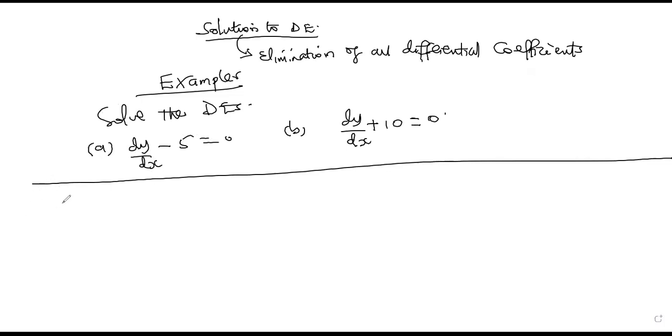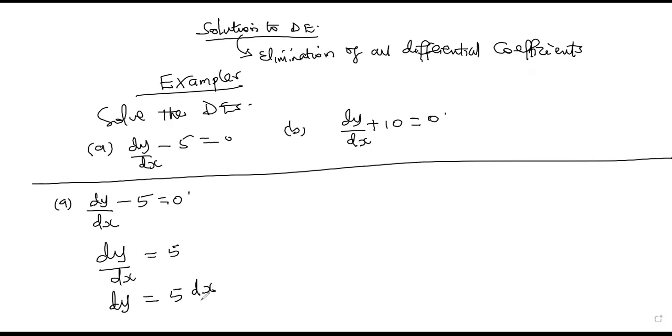For part A, dy/dx - 5 = 0 is the same as dy/dx = 5. Bringing the dx across, dy = 5 dx.